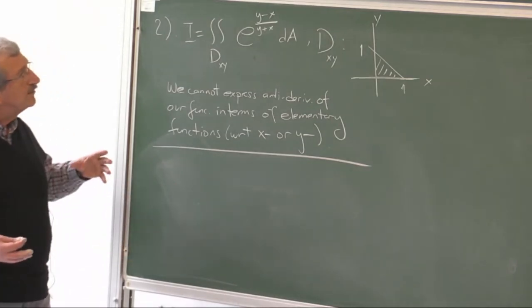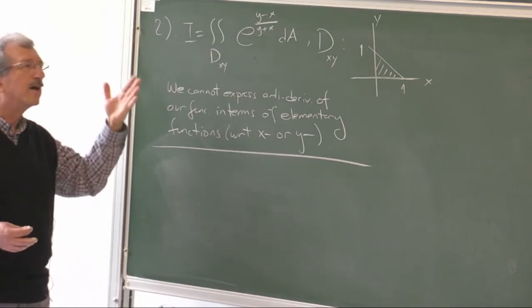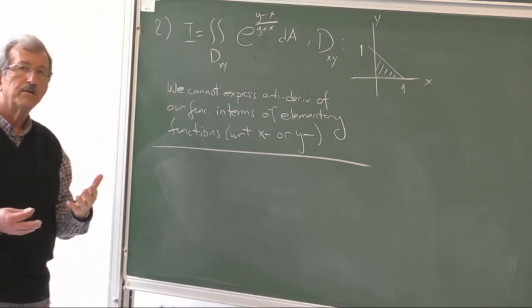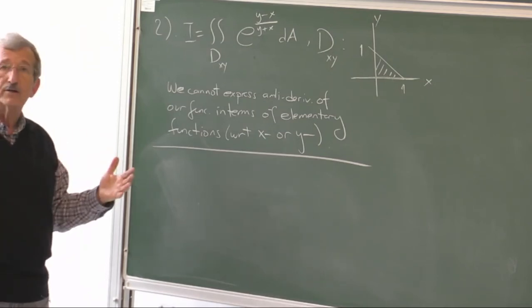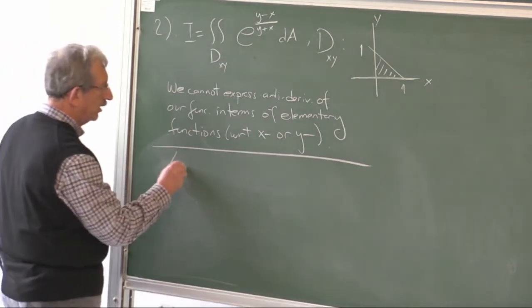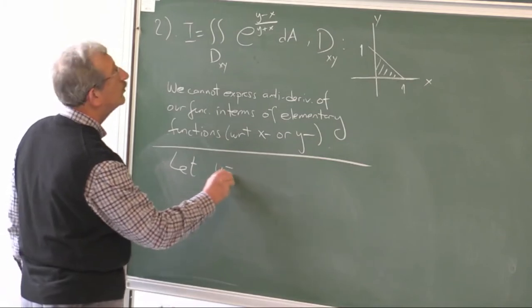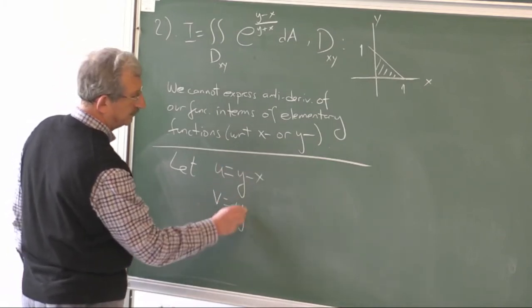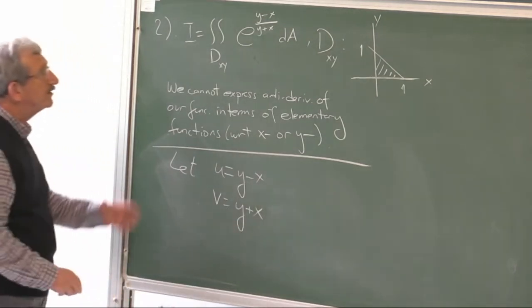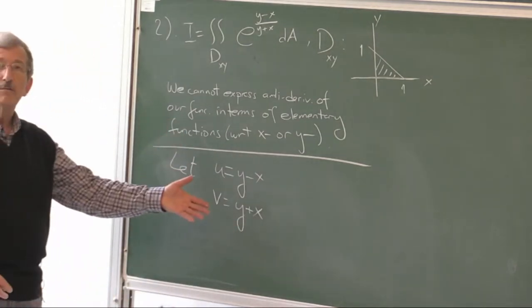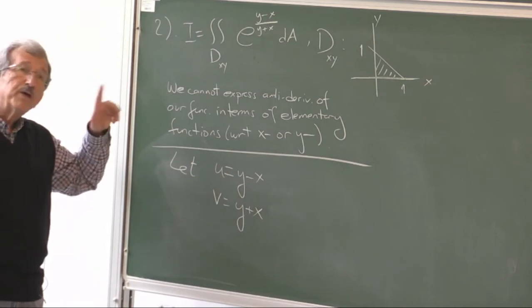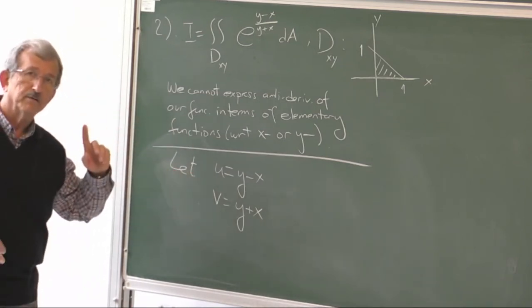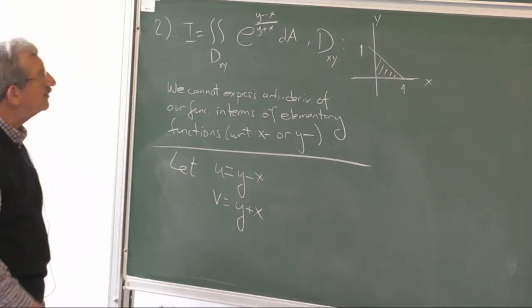So let us reduce these expressions, y minus x and y plus x, to something new where there are no extra constants. So let, for example, u be y minus x, v be y plus x. Then it is e to the u over v, no constants. And we can integrate with respect to u first, not v. Let us try that.